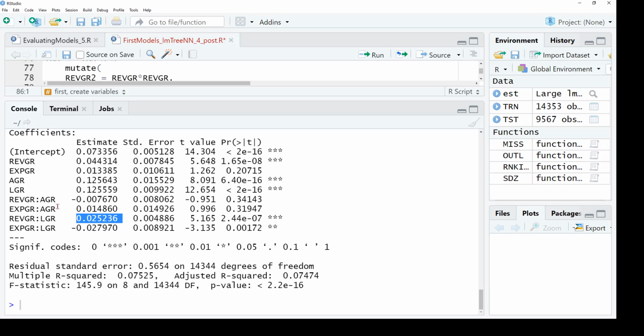But by increasing liability growth, we're also increasing the effect of revenue growth. And notice expense growth didn't matter by itself, but when you include expense growth and liability growth, it is negative. Another way to think about that is if your expenses were going up and you had debt going up, this means lower revenues in the future.